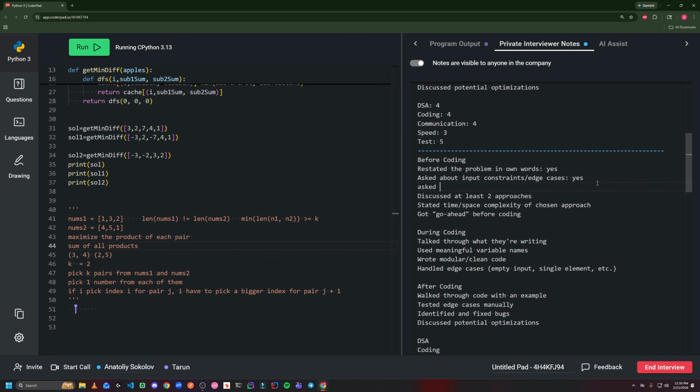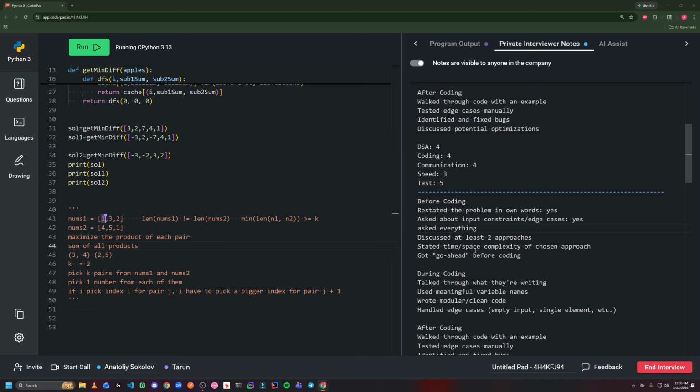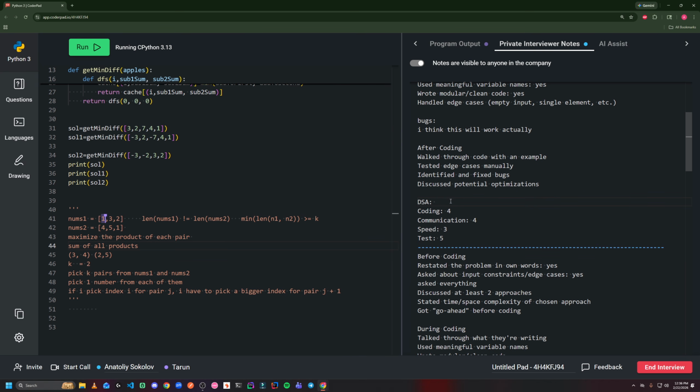Okay. So basically, the brute force will be like, for every pair, we have only two arrays, right? Not more than two?